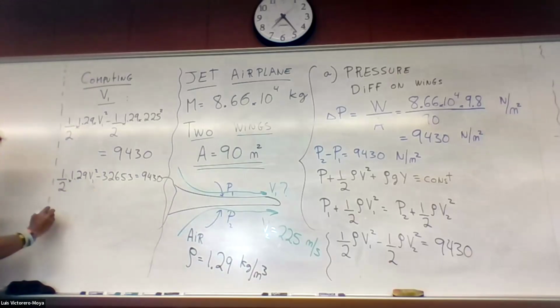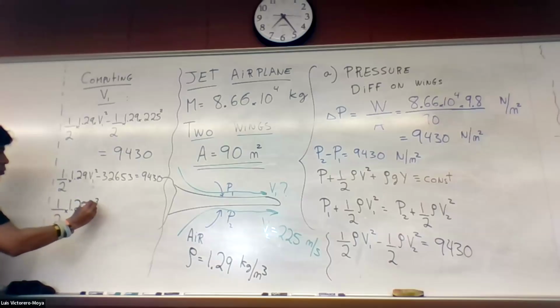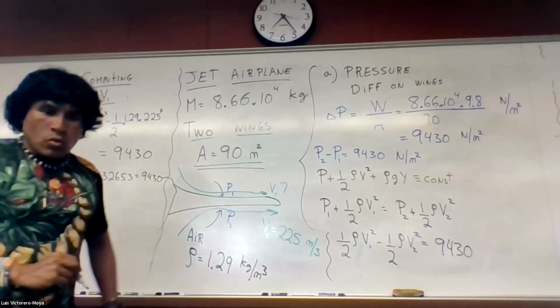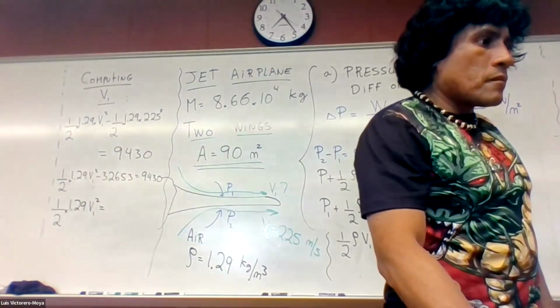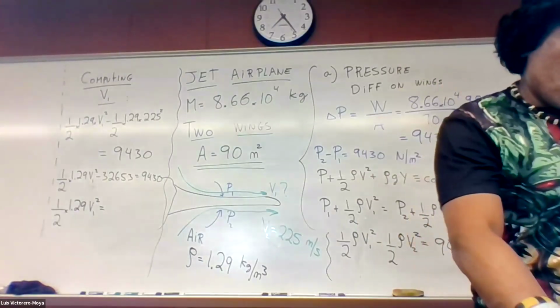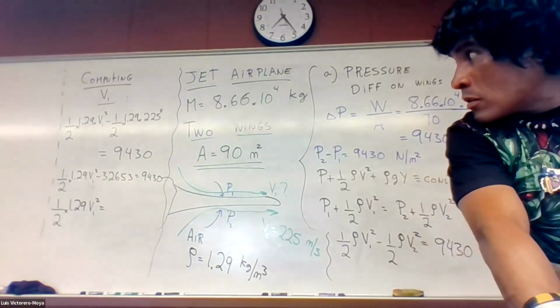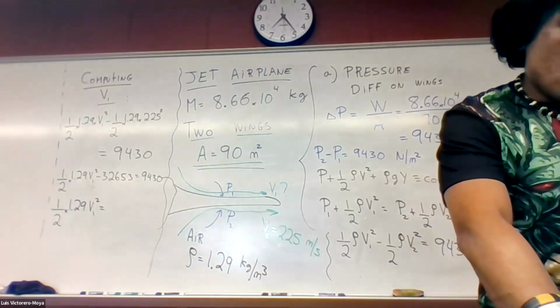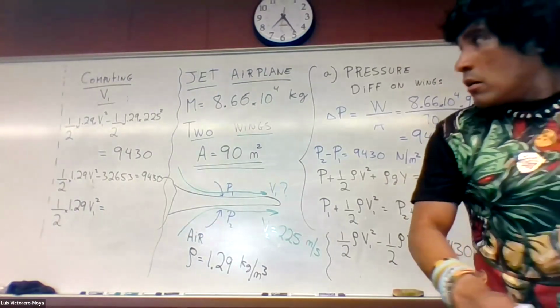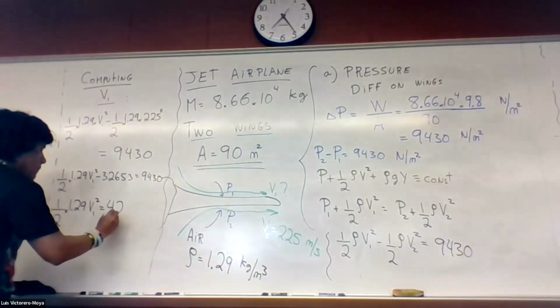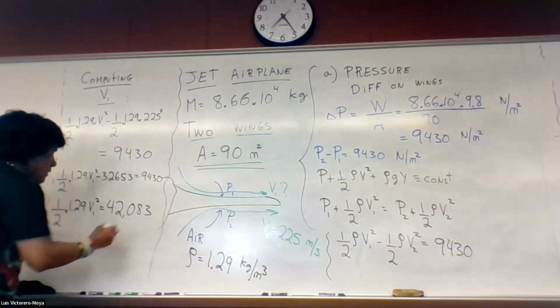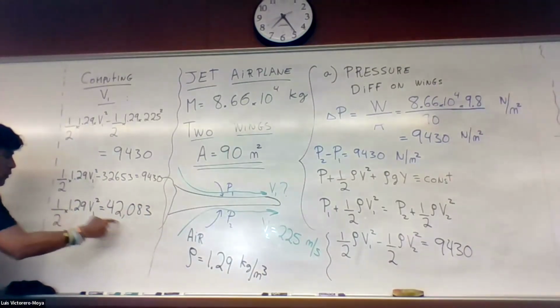So 1/2 1.29 V1 squared equals, let's do that, 32,653 plus 9,430. That's equal to 42,083. Multiply by 2, divide by 1.29.